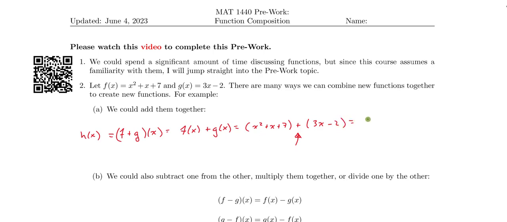And so we end up with the new function, x squared plus 4x plus 5. This is this new function, h of x, which I obtained by adding together f of x and g of x. So that's something that hopefully you've done before.